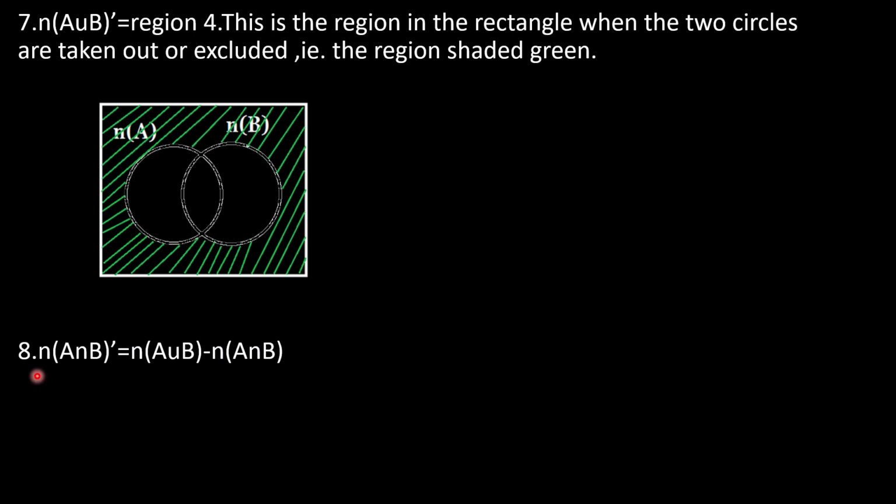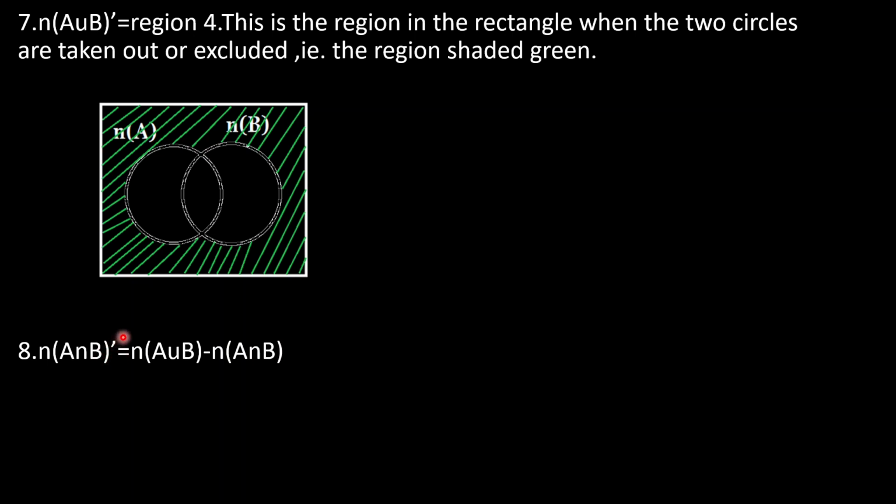Trick 8. Number of A intersection B complement equals number of A union B minus number of A intersection B. Note that the complement comes outside the brackets.